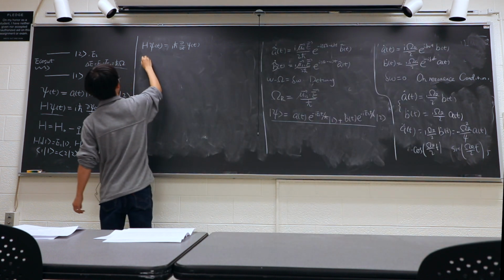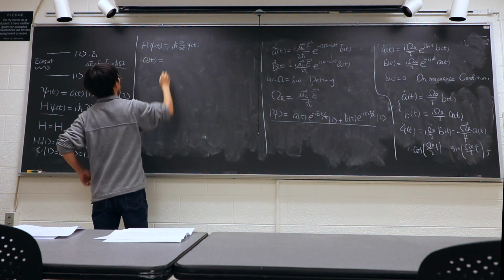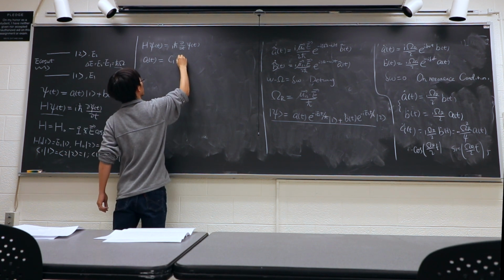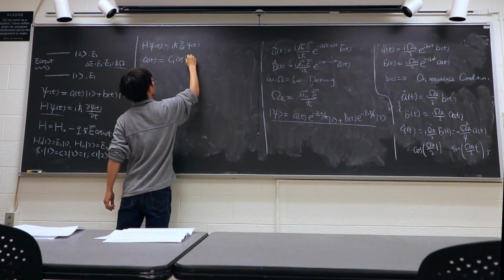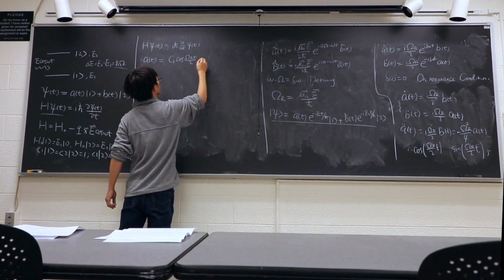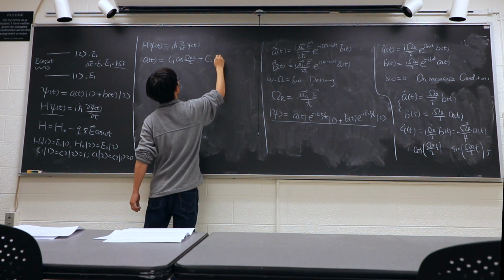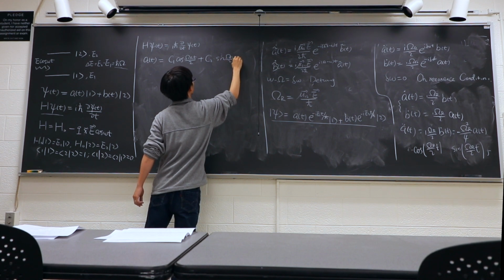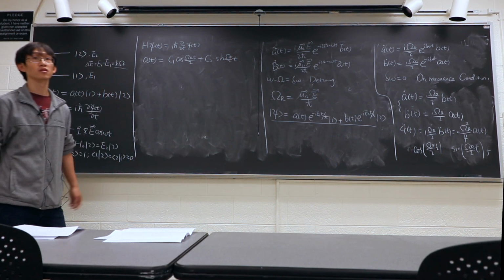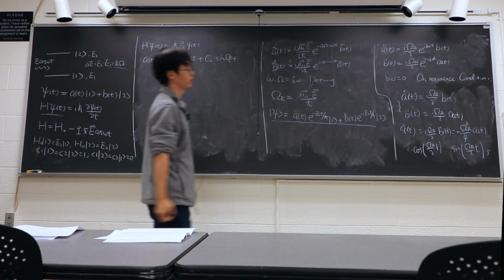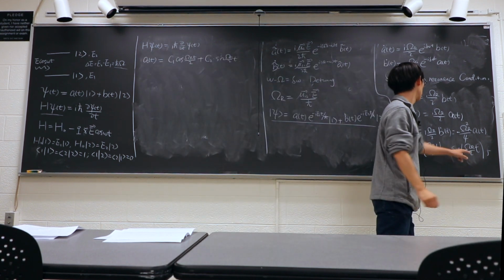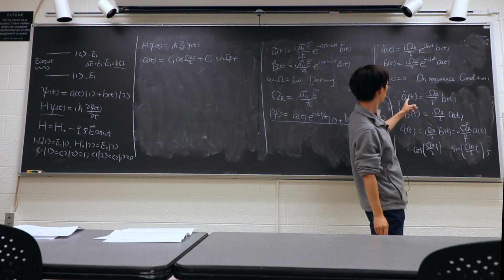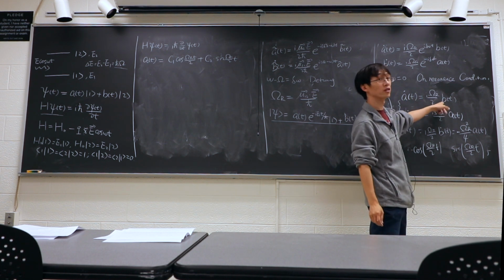So you can write down A(t) equals coefficient C1 cosine of omega R t over 2 plus C2 sine of omega R t over 2. So a linear combination between these two general solutions. And then you can also get B, right? The derivative of A gives you B.